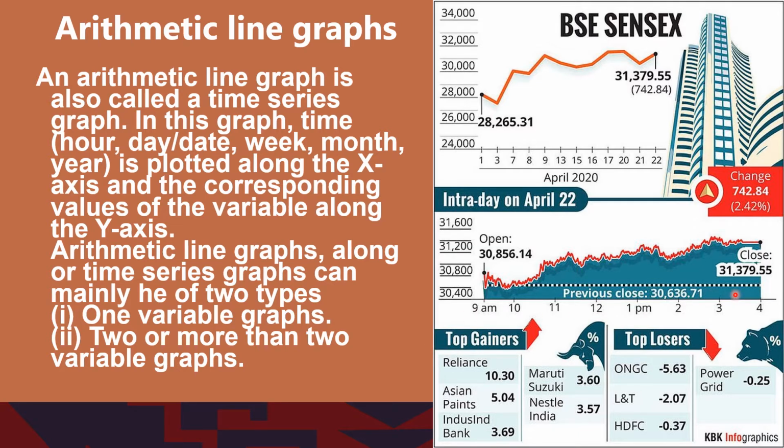So we can use time series graphs even to study data with respect to hours or time. Normally a time series graph is done with respect to hours, days, weeks, months, years, and so on.